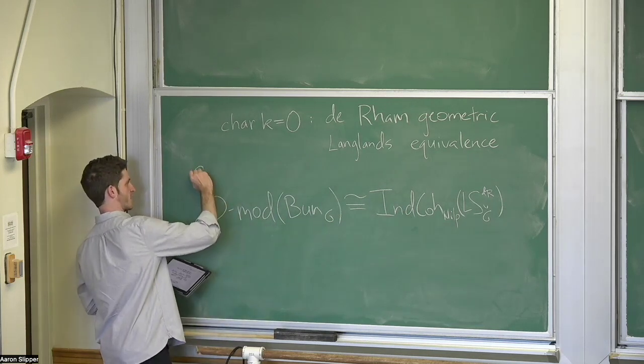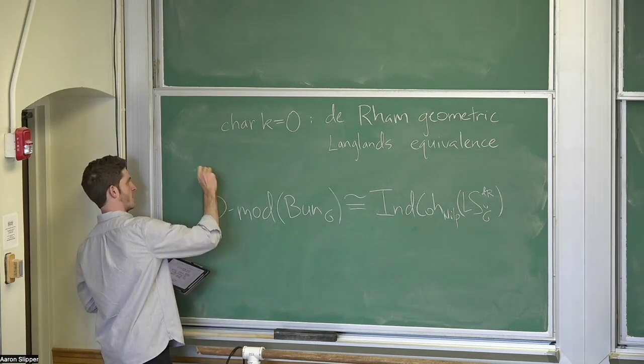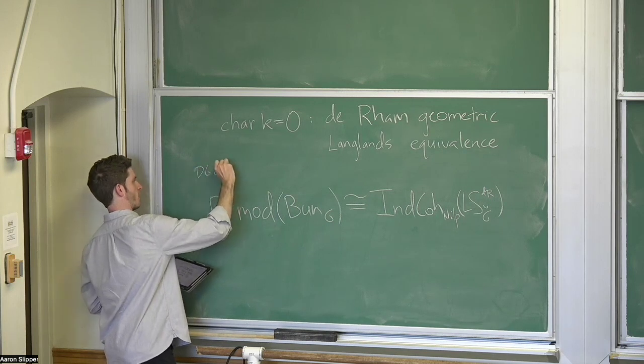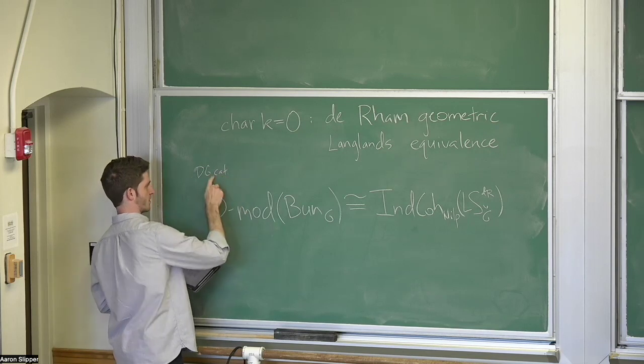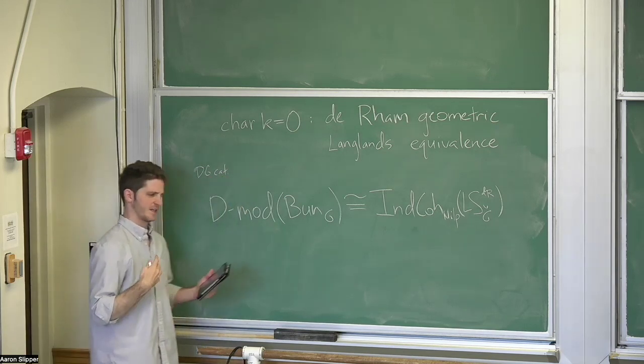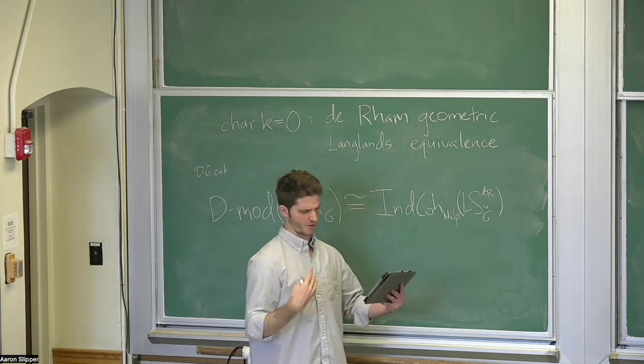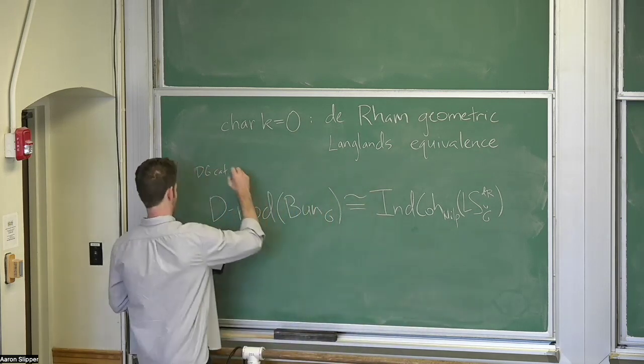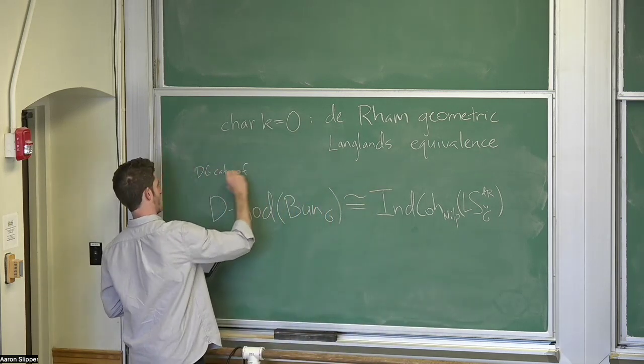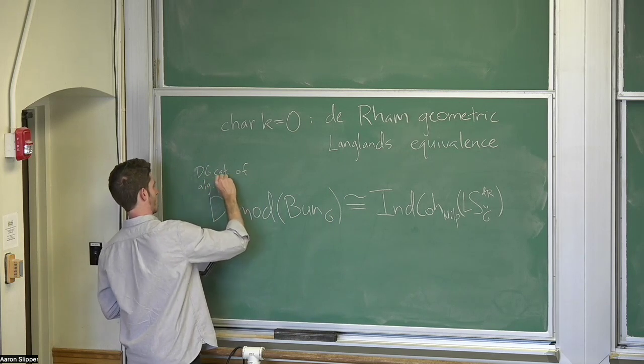D-mod means the DG category. Everything is going to be derived by default. When I say DG category, I mean the big DG category with all direct sums and so on. So, the DG category of algebraic D-modules.